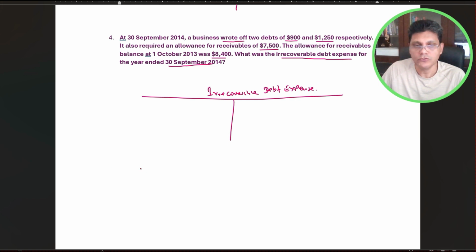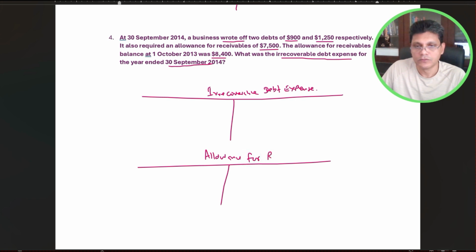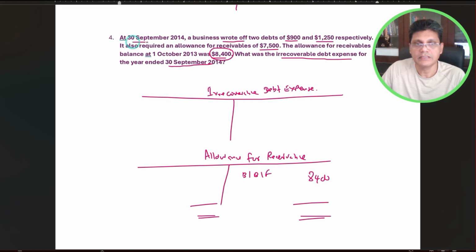Okay, and also we need the allowance for receivable. So this is the provision account. The provision account, when you take the allowance for receivable, the provision balance was 8,400. So let's take the provision balance brought forward, 8,400, and they wanted a balance at the year end, which is 30th September 2014, to be 7,500.